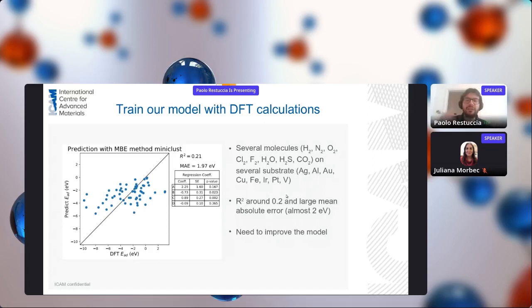So we try to range a little bit more out of the noble metal substrates. And again, we perform this regression with the predicted value of the adsorption energy.